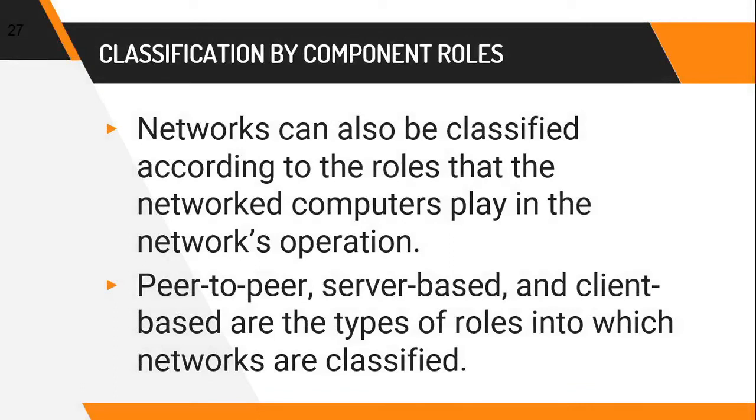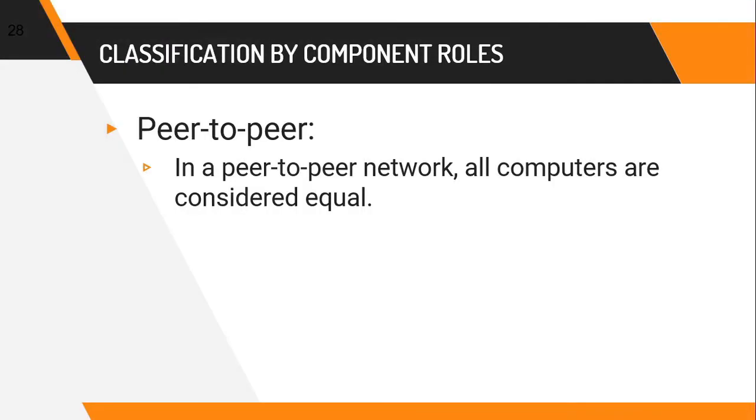Classification by component roles. Networks can also be classified according to the roles that the network computers play in the network's operation. Peer-to-peer, server-based, and client-based are the types of roles into which networks are classified. Peer-to-peer.